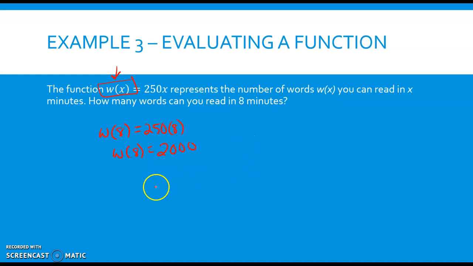And so what that means is we can type 2,000 words per minute, or WPM for words per minute. That's all that we're doing when we're evaluating a function. It's just we've replaced y with function notation. And in all actuality, it's kind of nice because this gives us our x and our y in one statement.